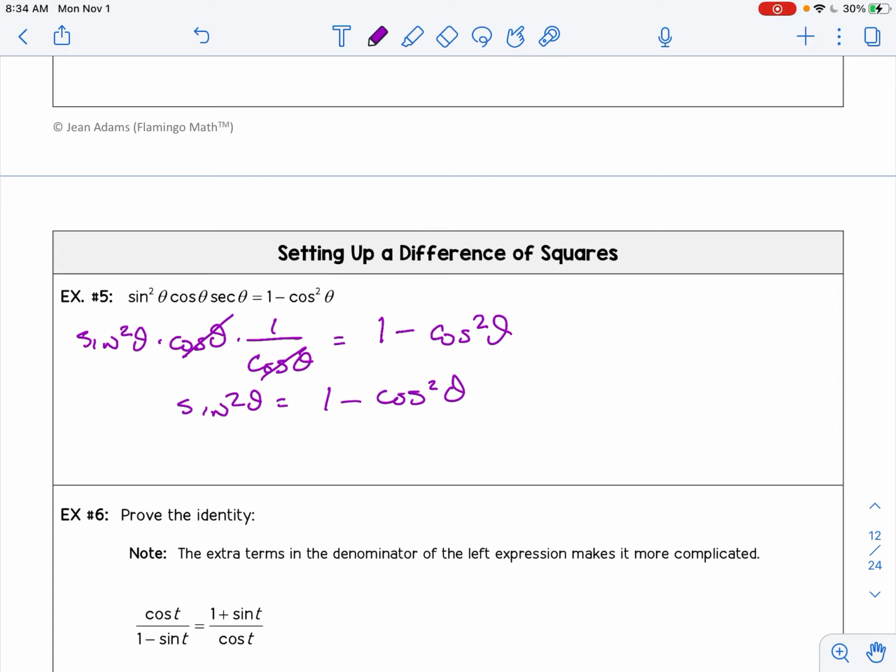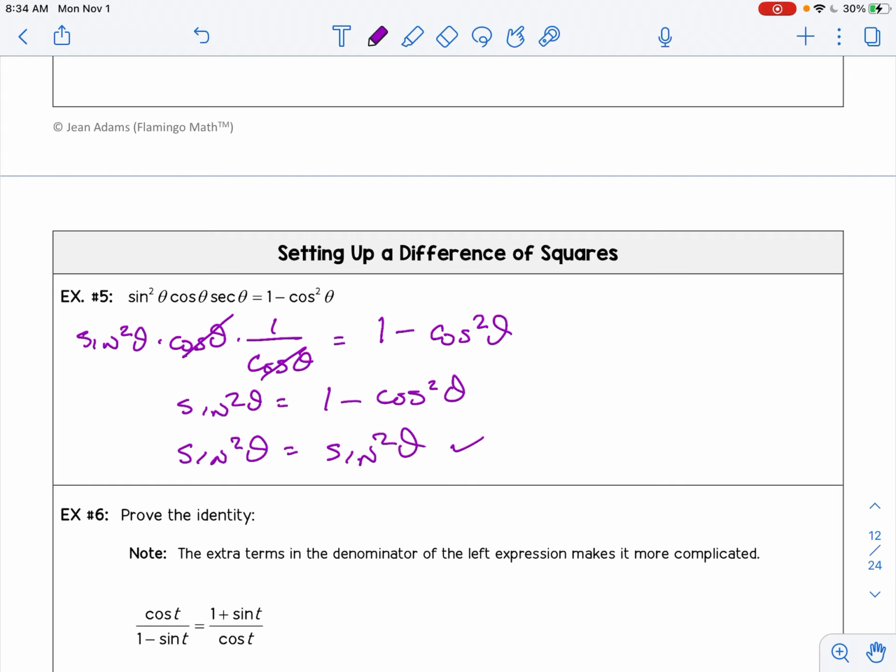This goes back to, we have to emphasize some of these Pythagorean properties with you. Do you remember that cosine squared plus sine squared equals 1? Therefore, 1 minus cosine squared would be sine squared. So again, we're going to try to prompt you to use some of that.